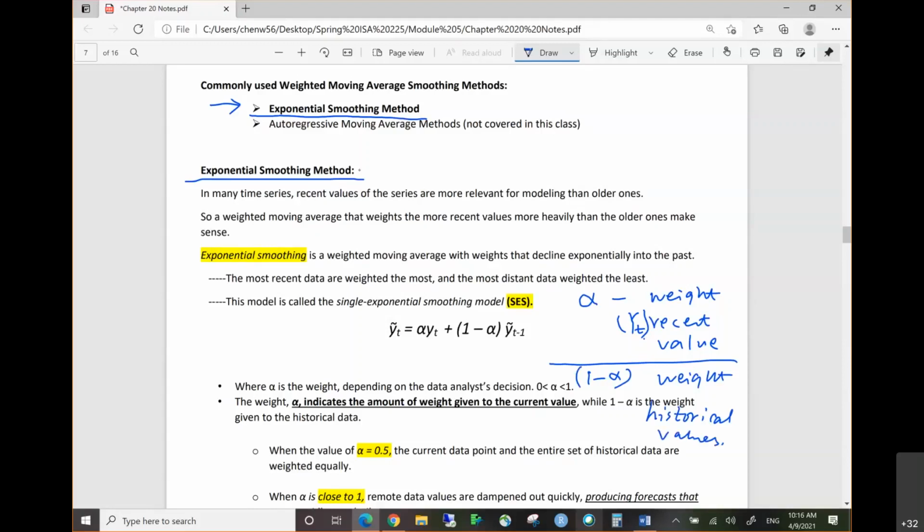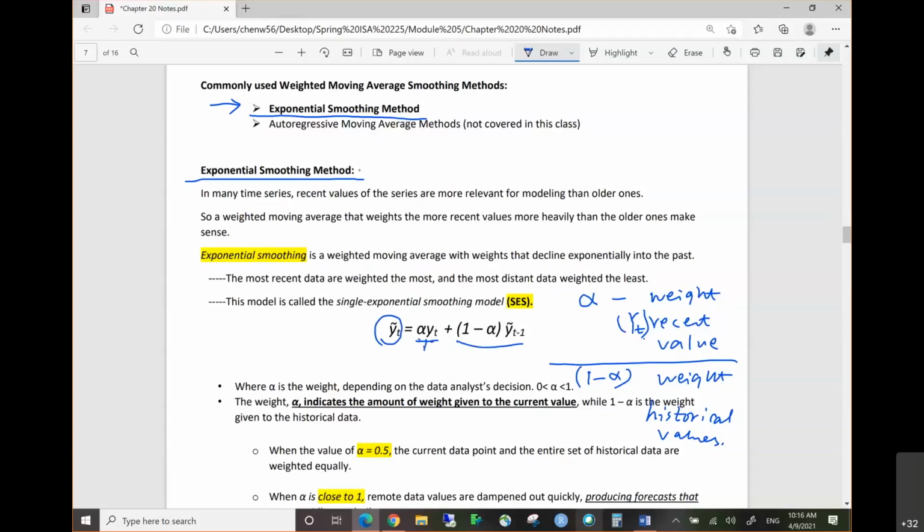right? So we set alpha, which is the weight for the recent value, and 1 minus alpha as the weight for all the previous values, right? Then we can calculate the estimated value by what? By two parts, right? The first part is the weight times the current value or the recent value, right?